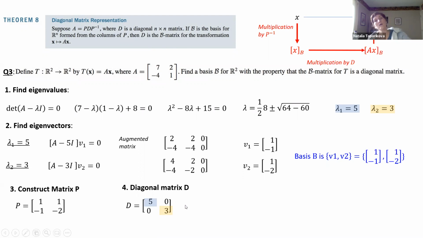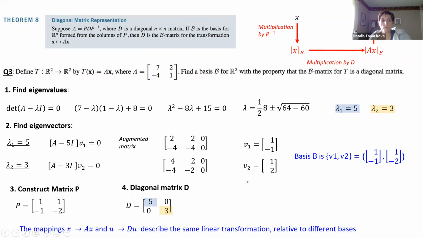Now that we have this matrix D, we can choose absolutely any vector x, and instead of multiplying by this matrix, we can go through an indirect process: writing it in the basis B, multiplying by the diagonal matrix, and coming back to the original space by multiplying by the matrix P. The important thing to remember here is that our mapping from x to Ax, or from u to Du, is the same linear transformation.